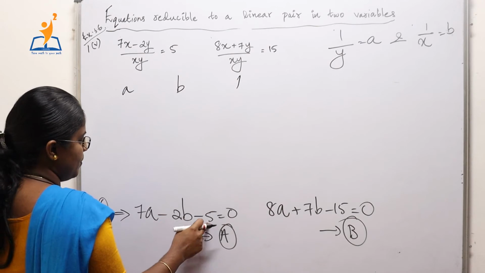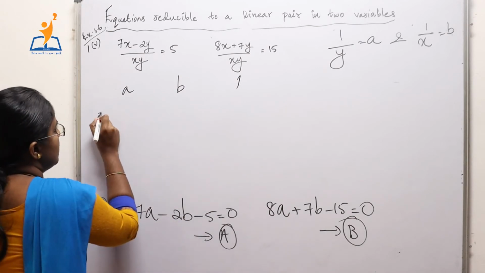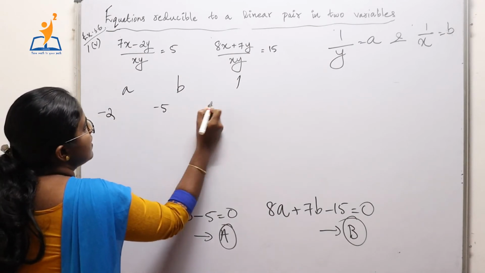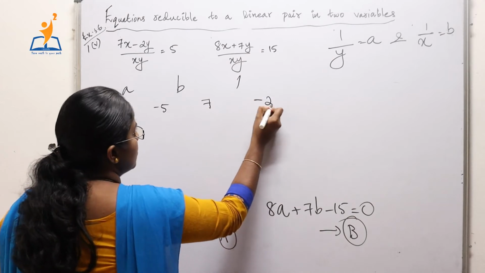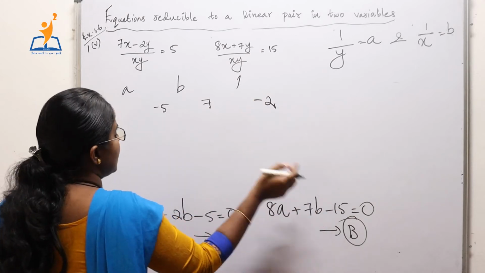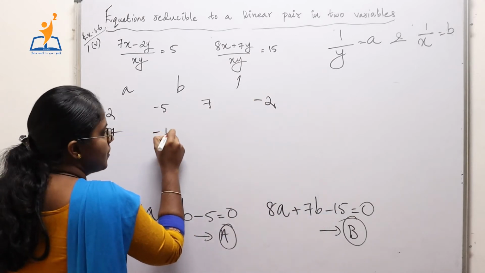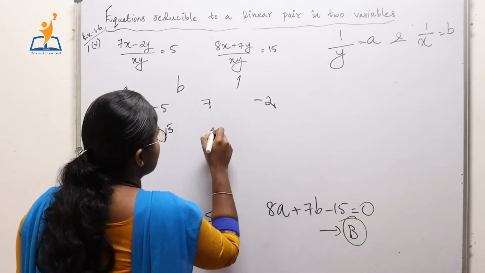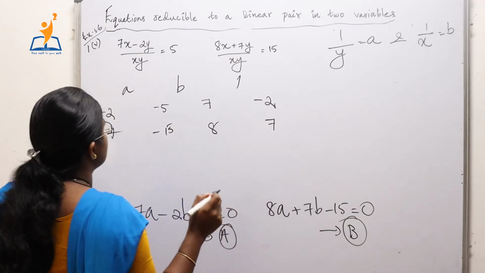Now minus 2, minus 5, 7, minus 2. Now again 7, minus 15, 8 and 7. So this is the diagram.